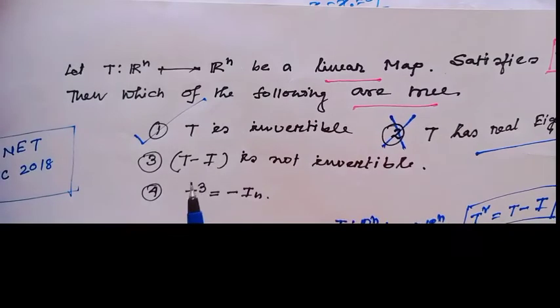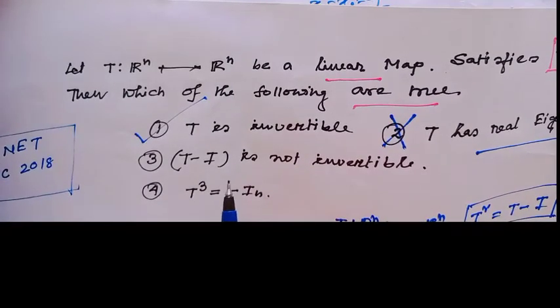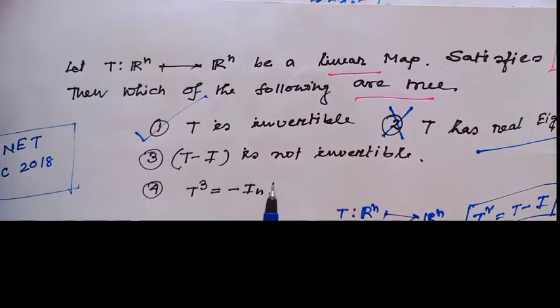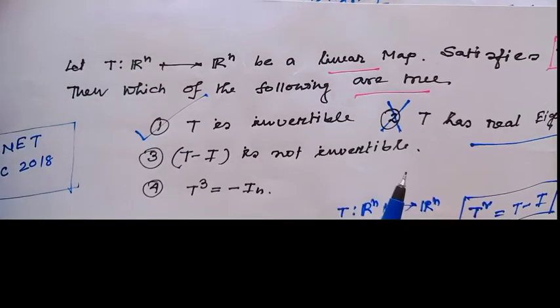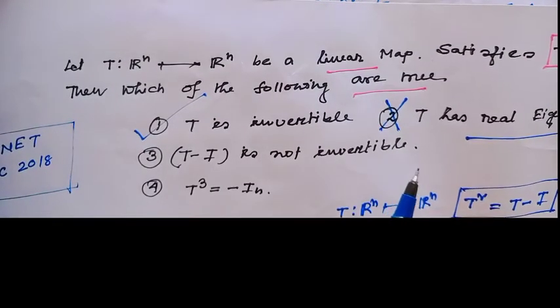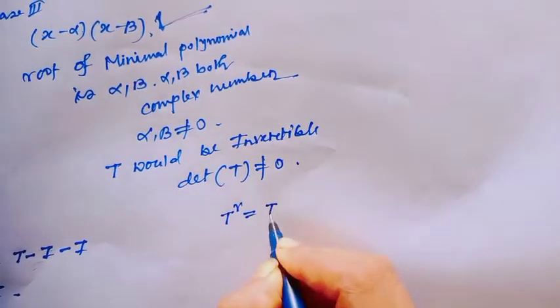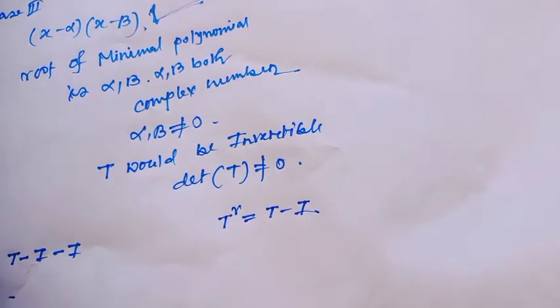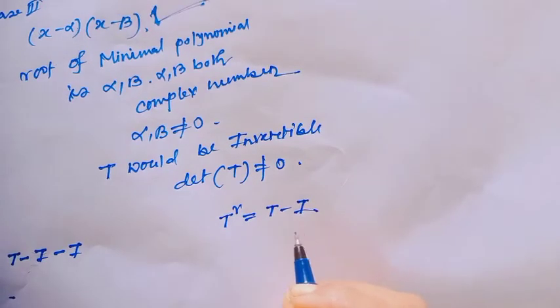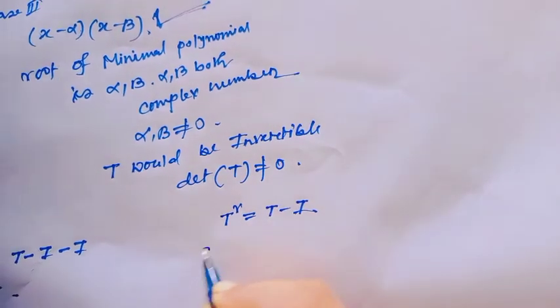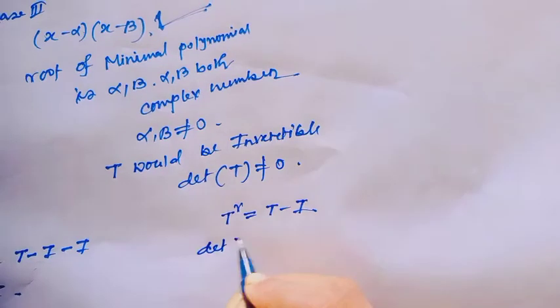Then notice the third option. The third option indicates T minus I is not invertible. For this, since T square equal to T minus identity, apply determinant on both sides.